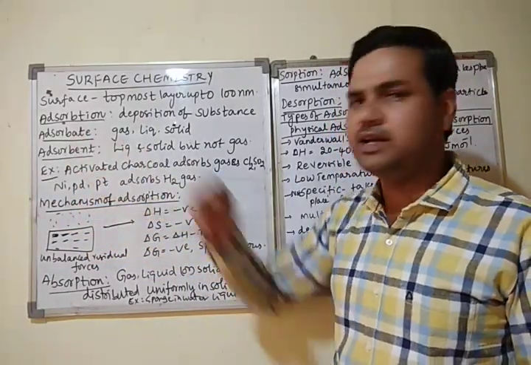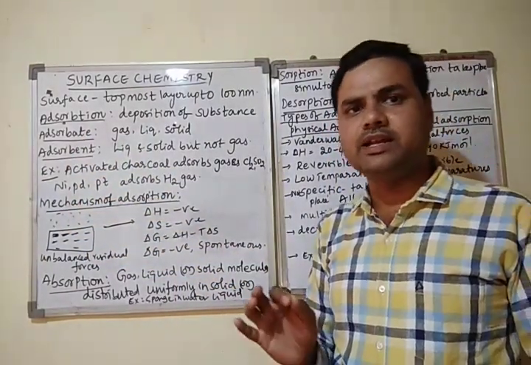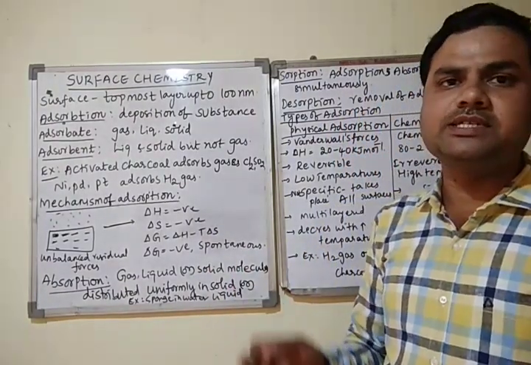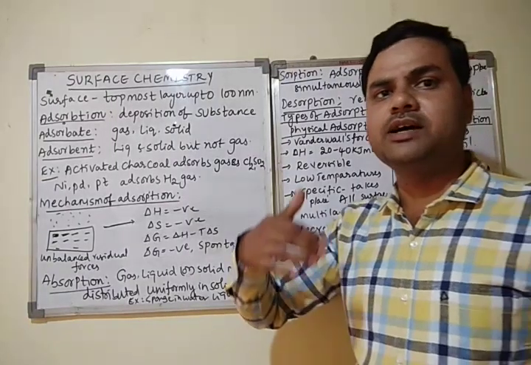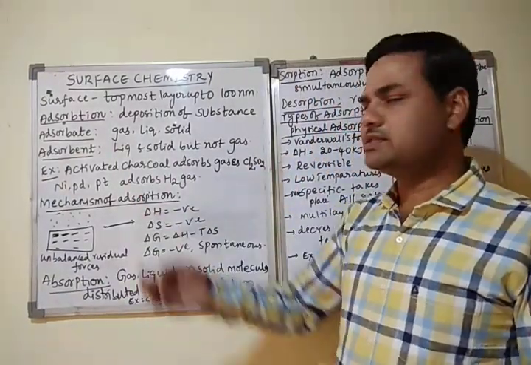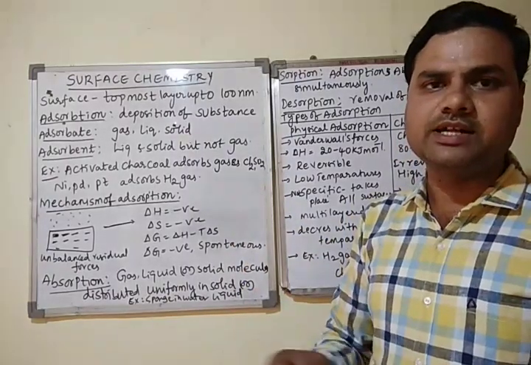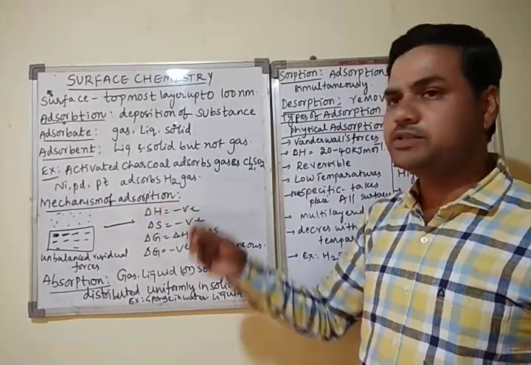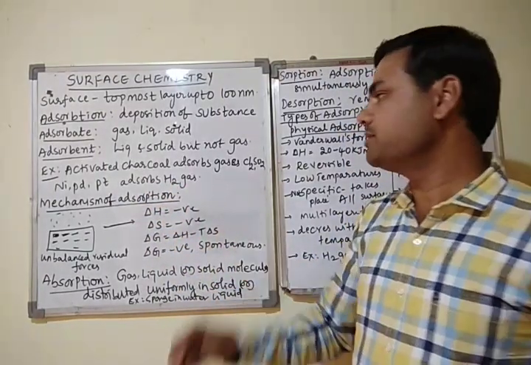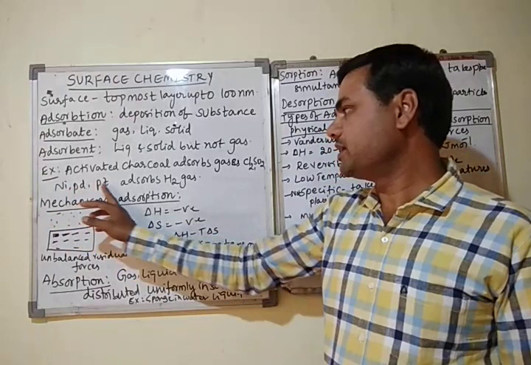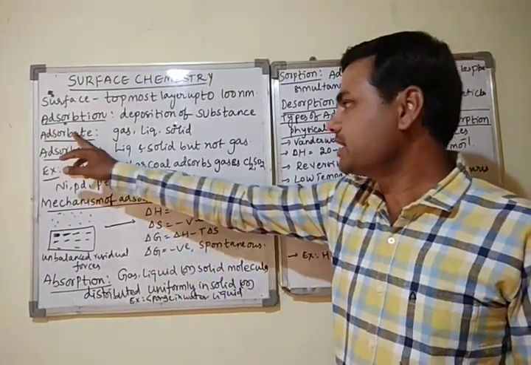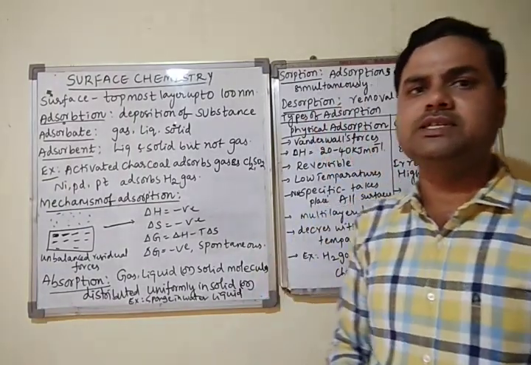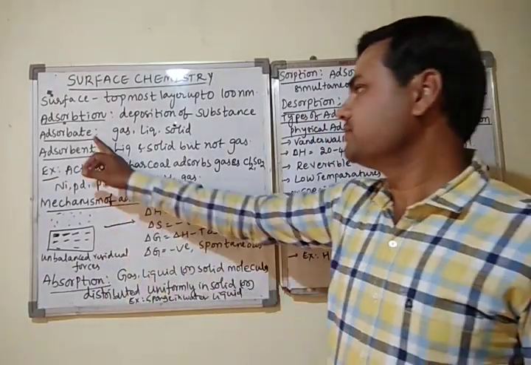So the definition of adsorbate is very clear: the substance which is accumulating or depositing on the surface of another substance, which is undergoing adsorption, is called the adsorbate.